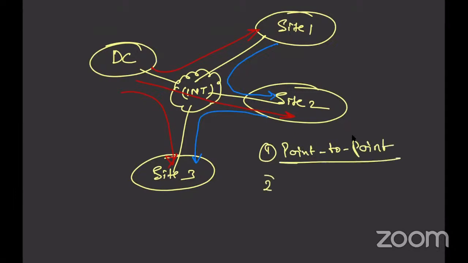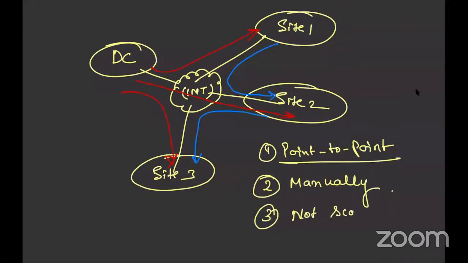Secondly, you need to create these tunnels manually. Right now you see only two to three sites, but imagine having more than 100 or 200 sites. Configuring it manually is a very big headache, and the solution is not scalable. You also need to give static IPs on all the ends.